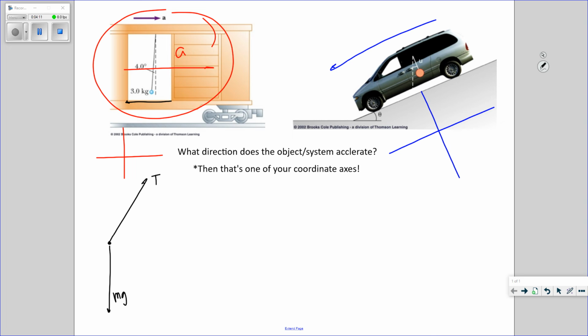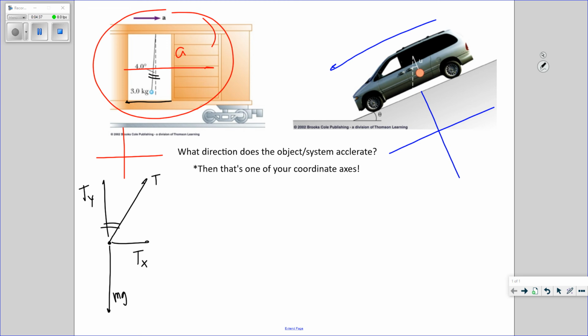Because, using our red axes, there is a component of T that points that direction and a component of T that points in that direction. Here's our angle, measured from the vertical. There's no applied force. There's nothing pushing on that ball.